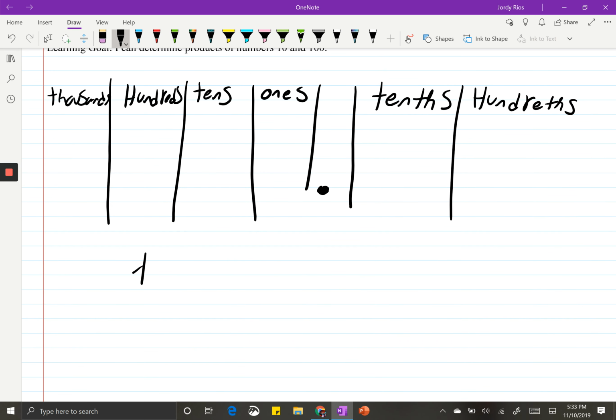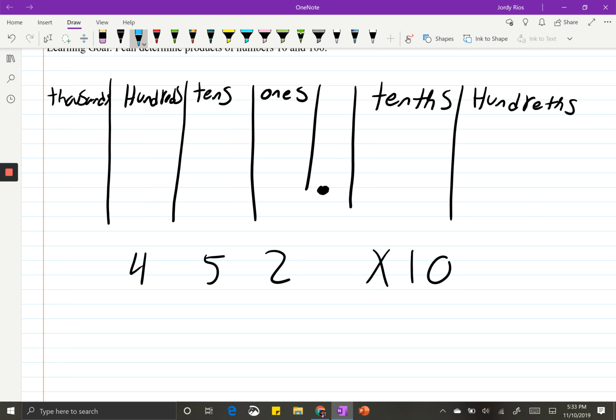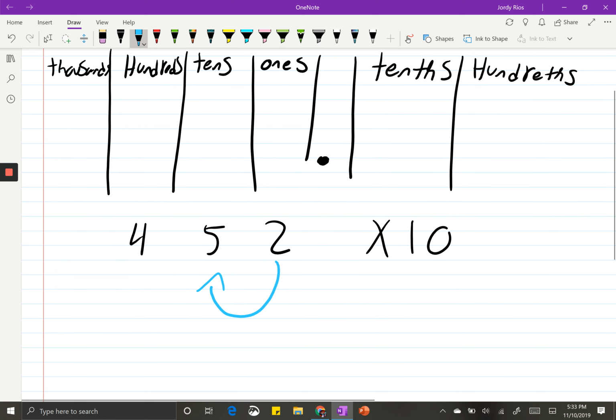So we have to know our place value. For example, if I have 452 and I want to multiply that by 10, I am going to move over the place values. My 2 goes here, the 5 goes here, and the 4 will go in the next place value.